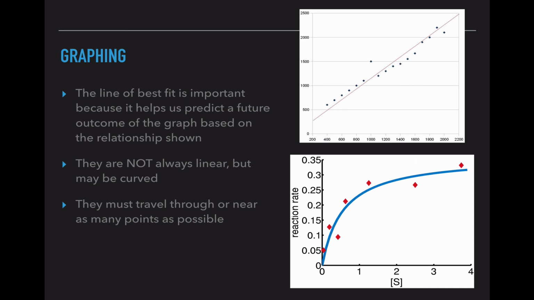But if it is a distinct curve, I expect to see a distinct curved line of best fit. So remember, lines of best fit can be linear, they can be curved, they can be increasing, they can be decreasing. You have to get as close as possible to as many points as possible to make it the best line of best fit possible. That was a lot of possibles.